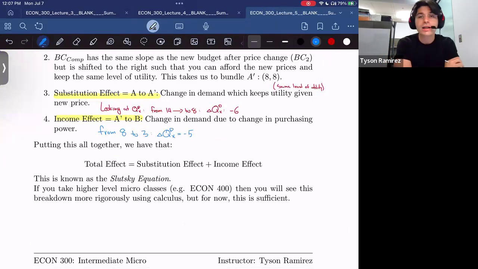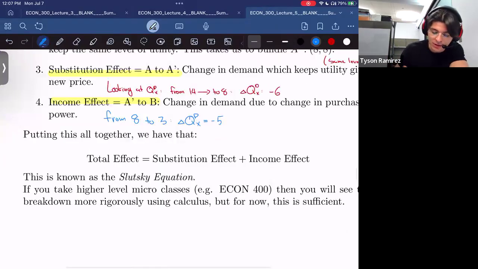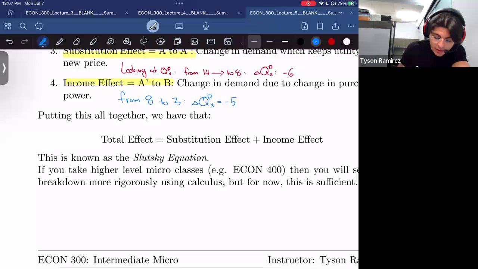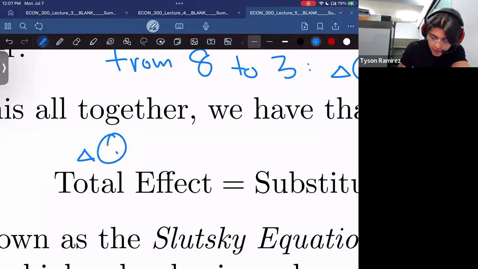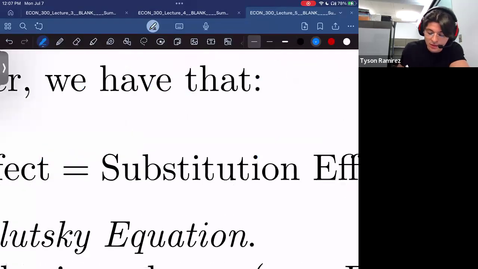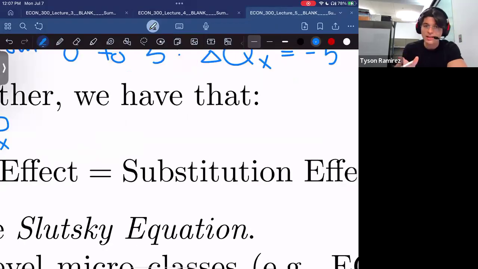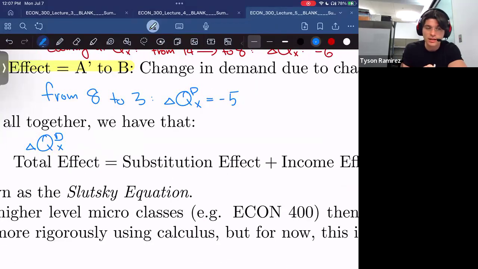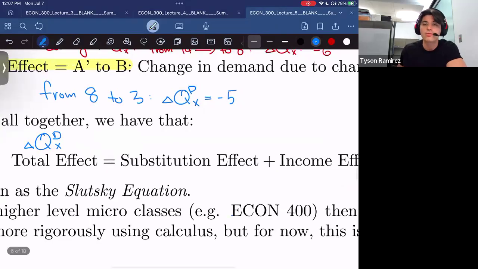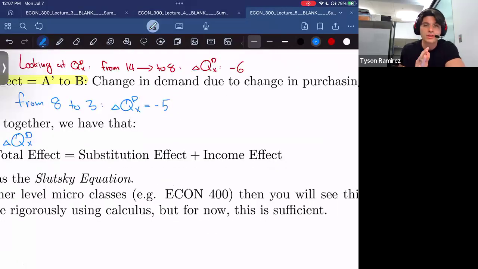This is what is meant by these two things. Remember, this is the total change in quantity demanded of X, and it is due to two things. It's the substitution effect, how our marginal utilities change, and the income effect, the change in demand due to the change in purchasing power.